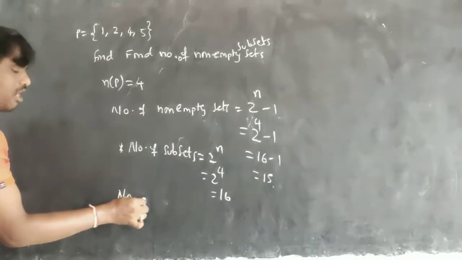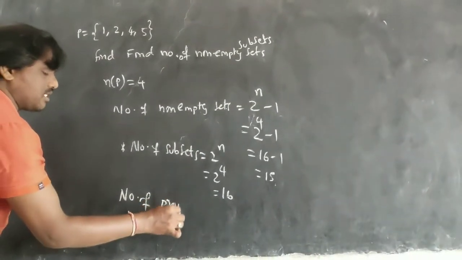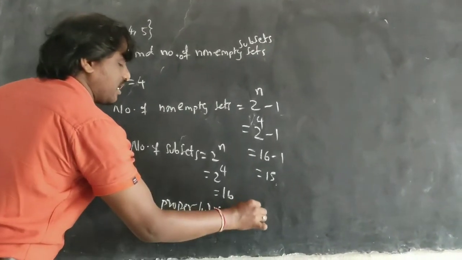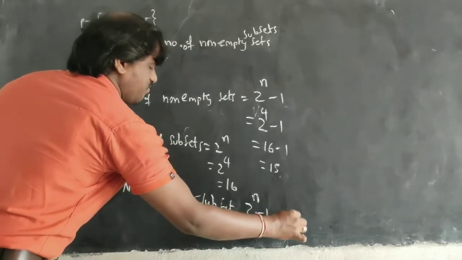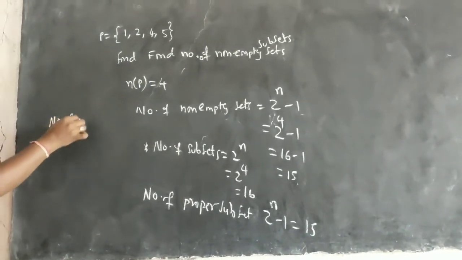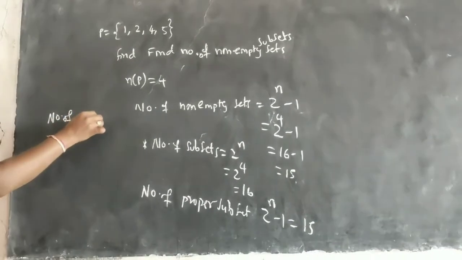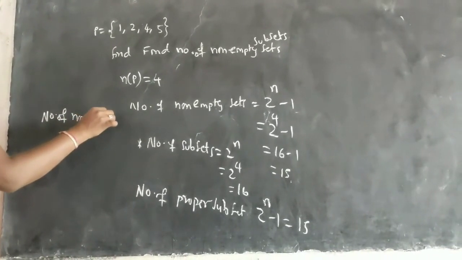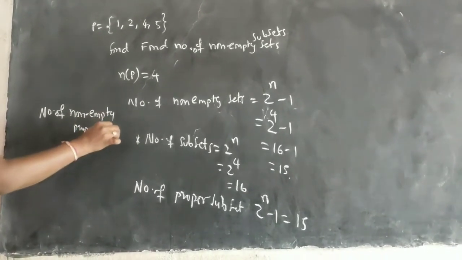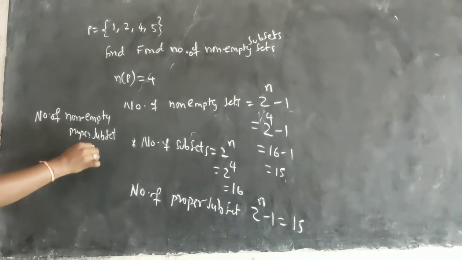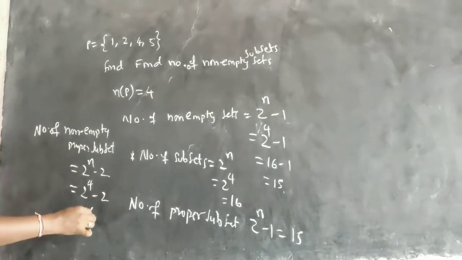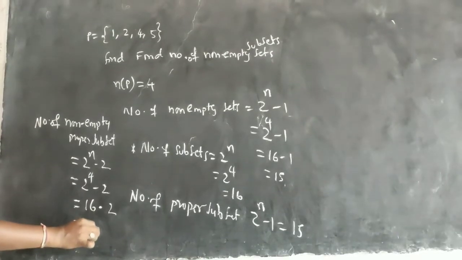Number of proper subsets, the formula is the same, 2 power n minus 1, that is also 15. Number of non-empty proper subsets, that is the last formula, that is 2 power n minus 2, that is 2 power 4 minus 2, that is 16 minus 2, that is 14.